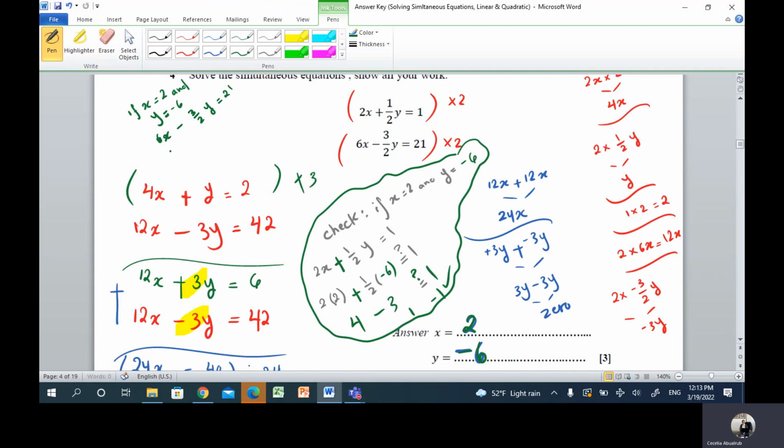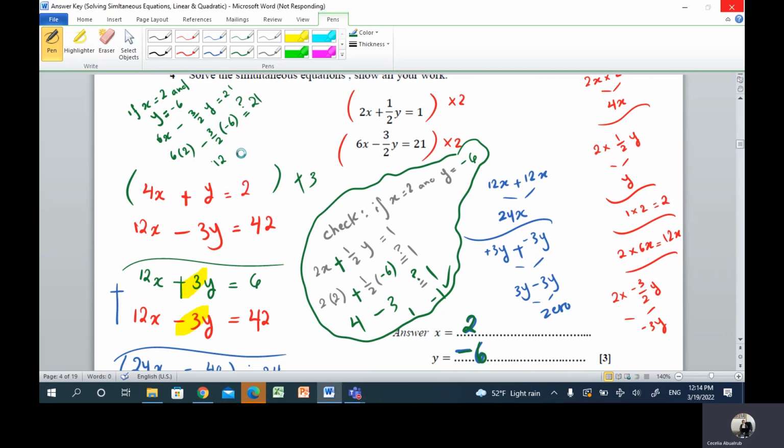Let's substitute. So 6 times 2, which is x, minus 3 over 2y, where y is -6. Is it going to be equal to 21? 6 times 2 is 12. Minus 3 over 2 times -6.